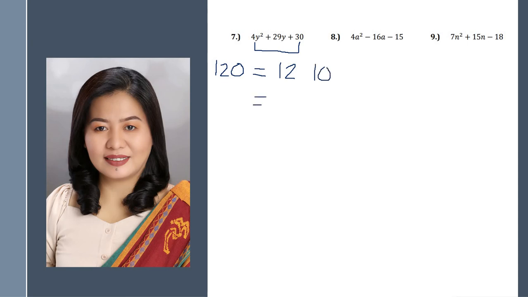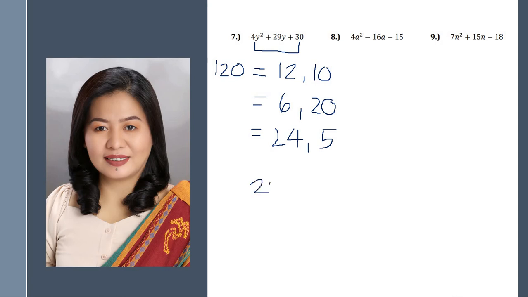So that would be 20 and 6, that's only 26. 24 and 5. Yes, 24 plus 5 gives us 29. So our pair of factors that will be used will be 24 and 5.